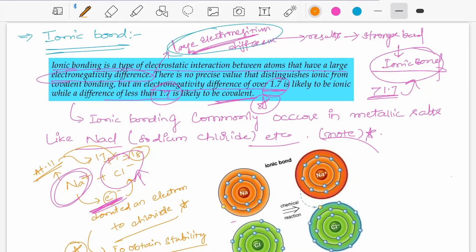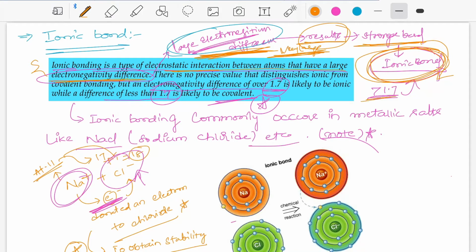An ionic bond is a type of electrostatic interaction between atoms that have a large electronegativity difference. As I discussed just now, a large electronegativity difference results in a stronger bond, which is nothing but an ionic bond.